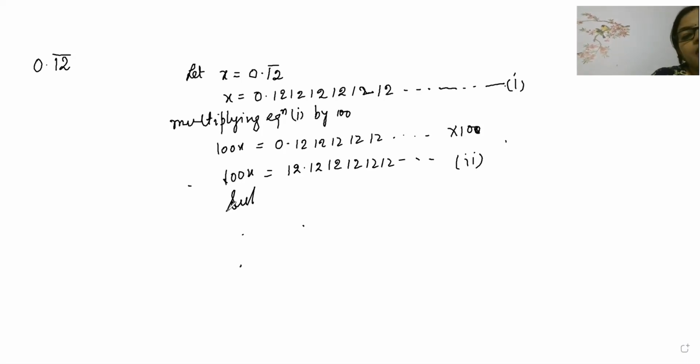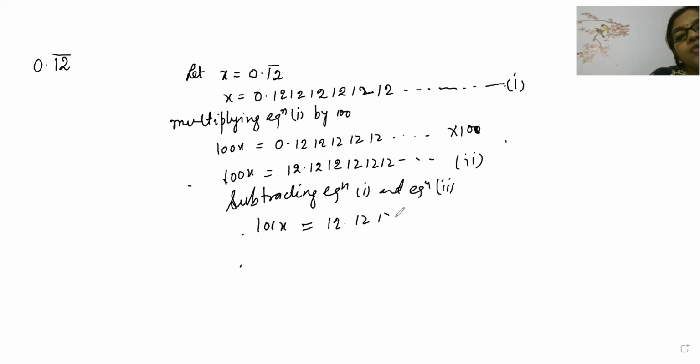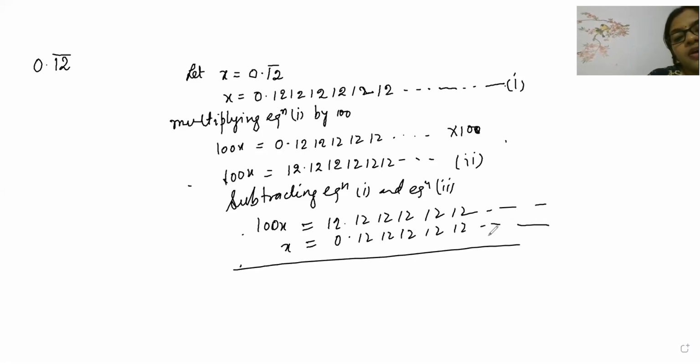Subtracting equation 1 from 2, it will come 100x is equal to 12.12121212 and so on, and this one will become x is equal to 0.12121212 and so on, minus.